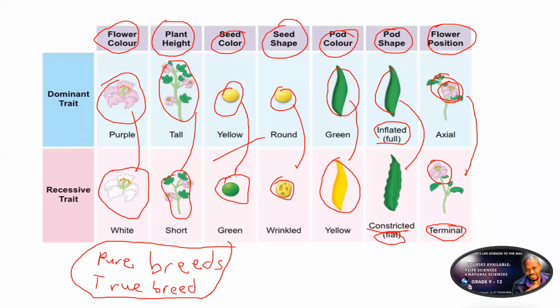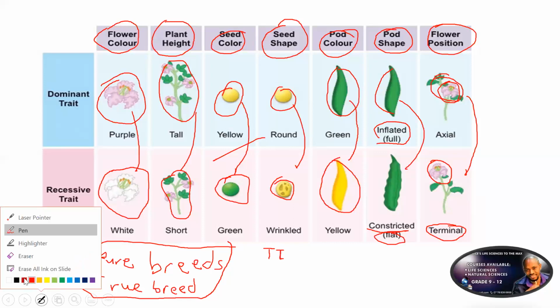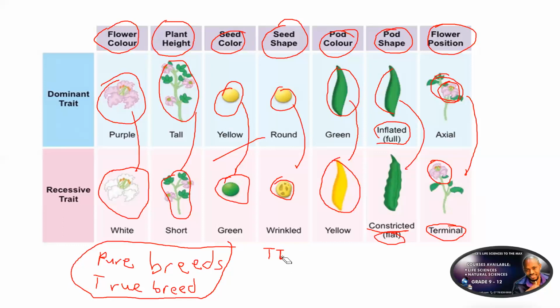Now, I was saying, traditionally, we would like to always start with our letter T. I will emphasize on this later on. For Mendel, he was always working with pure breeds of plants.